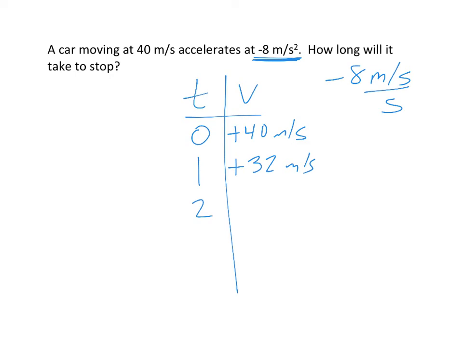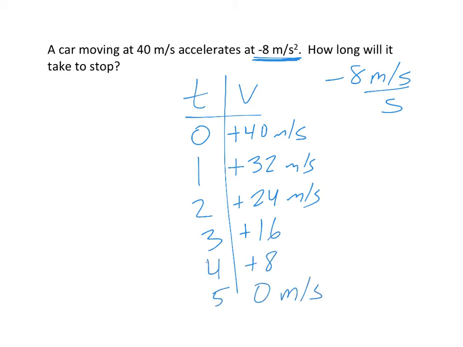And another second later, it's going 24. And a third second, it's going to be going 16, and then 8. And so after 5 seconds, it will have come to a stop. It'll be going 0 meters per second. So a car going 40, if it accelerates at -8, then in 5 seconds, it will have come to a stop.